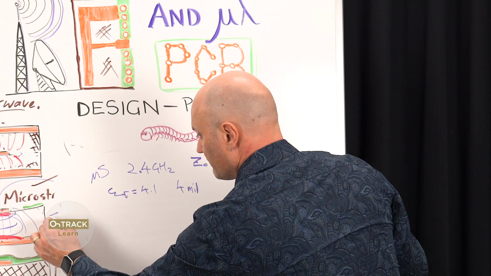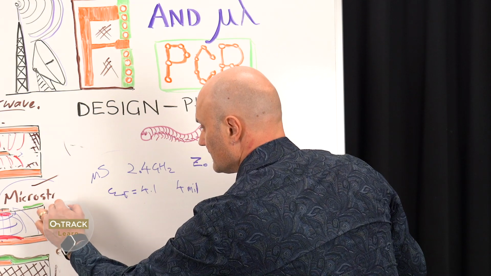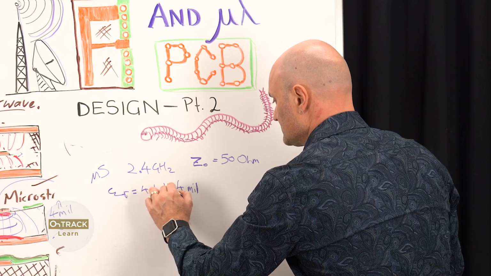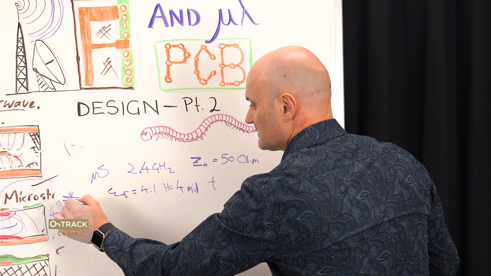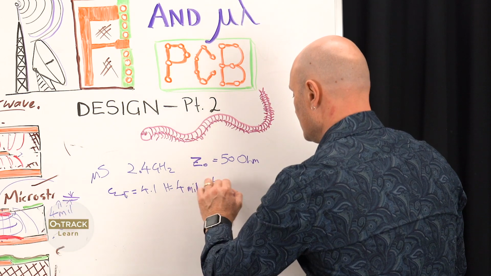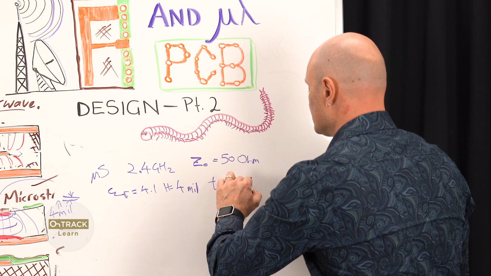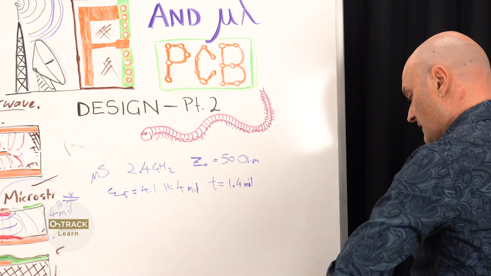And we have 4 mils thickness there. We have a conductor thickness, so that's H. H is 4 mils. The conductor thickness T, which is this thickness here, is 1.4 mils, which is standard 1 ounce copper, which is normal for a surface layer, surface microstrip.